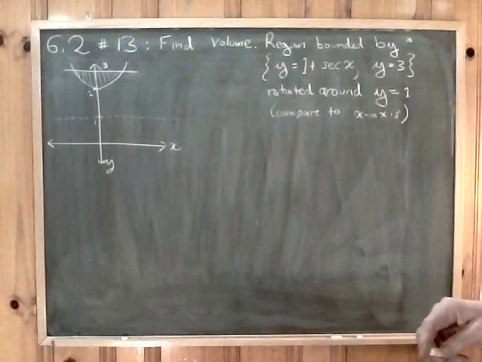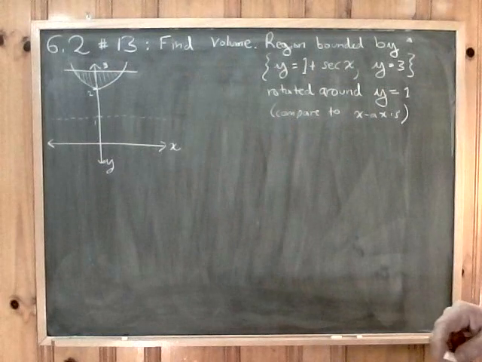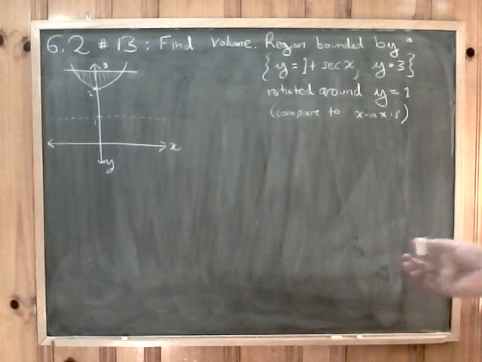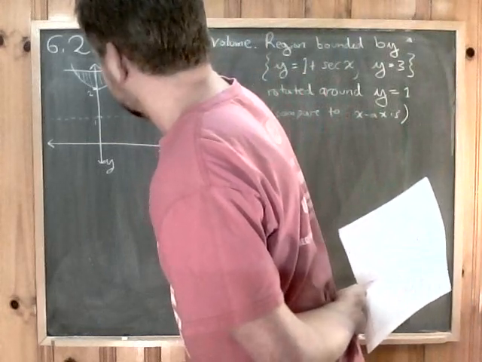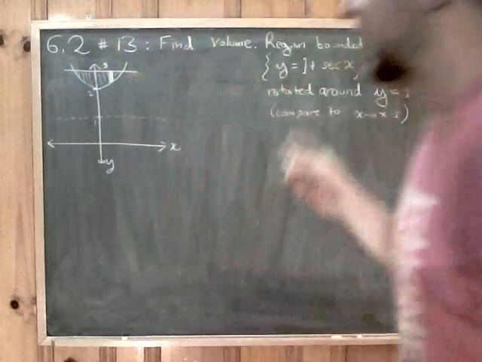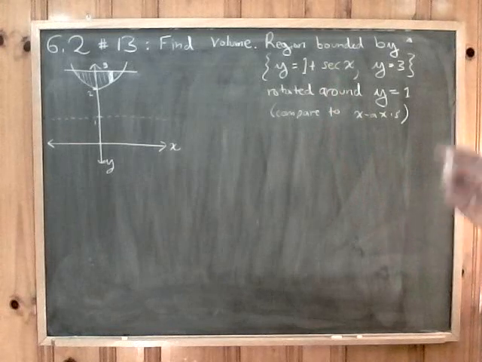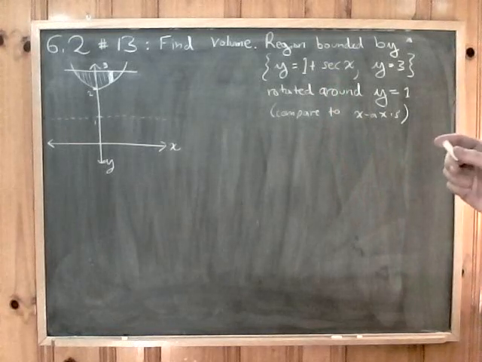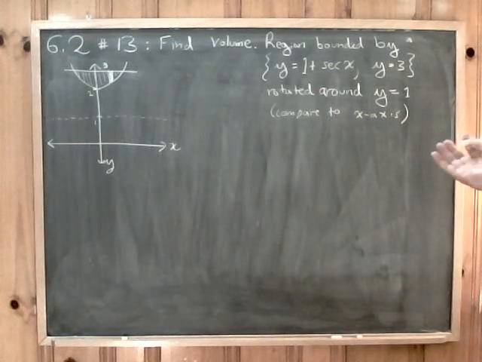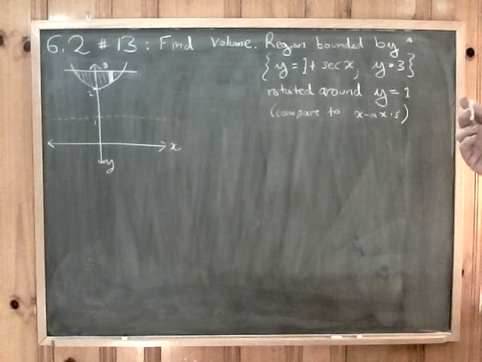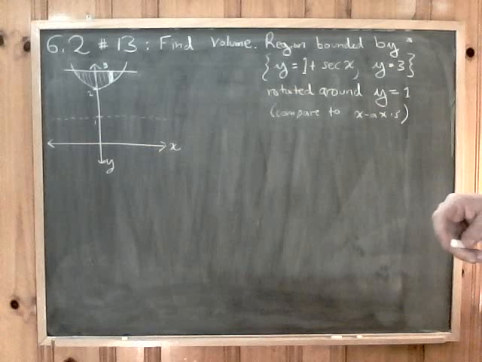So this is the region that we'll look at, and it does look like it's going to be type 1 because all the way along from left to right, if you cut it into vertical slices like this one, it has the same line on top, the straight flat line, and the same curve on the bottom, 1 plus secant x. If you tried horizontal slices, technically you could, but what they would be going from and to on the left and the right would both be the curve 1 plus secant x.